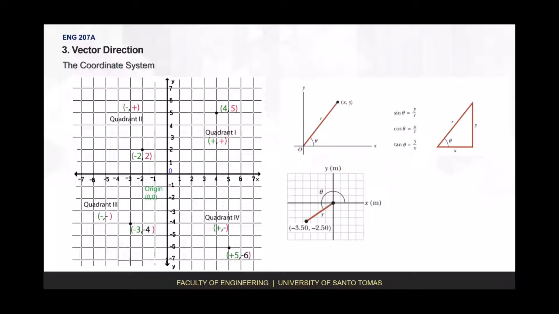Okay, and then what we do here is that to identify how big the magnitude is, we use the definitions from the Pythagorean theorem, like in the distance formula, the trigonometry, c squared equals a squared plus b squared, the relationship behind it.